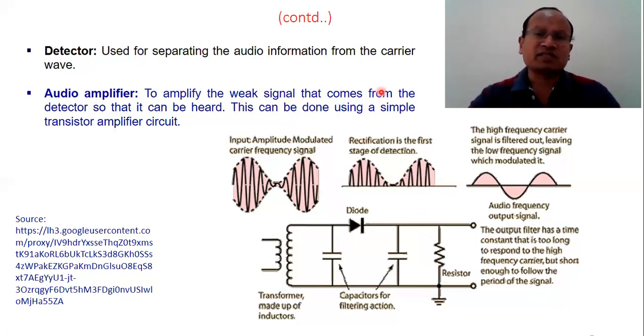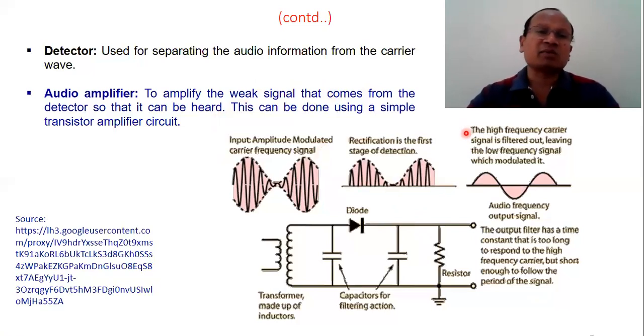This amplifies the weak signal that comes from the detector, because when the detector operates, the strength of the signal produced is affected. So we can use a simple transistor amplifier. There are IC versions, so different IC amplifiers can be used.